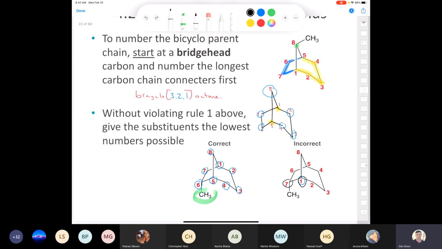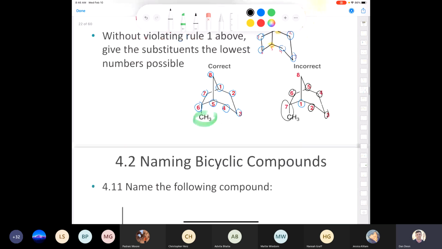Yeah, but if you follow the order, it won't give you the lowest number for the methyl. Let me show you. You go 1, 2, 3, 4. We've gone through the longest bridge. 5, we wrap around 6, and then we end up with a 7 instead of a 6. Okay, so we have to always go through the longest bridge first, and we start at the bridgehead which will give the first substituent the lowest possible number.